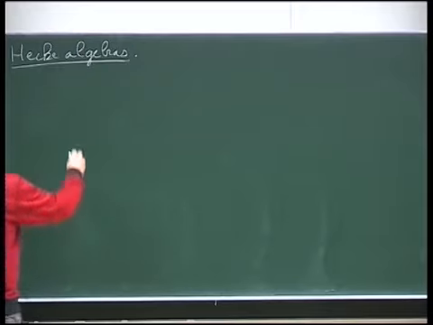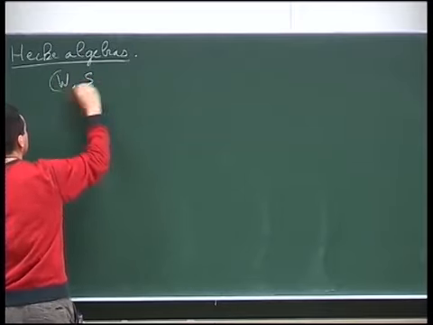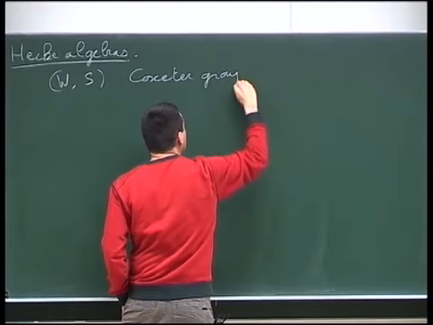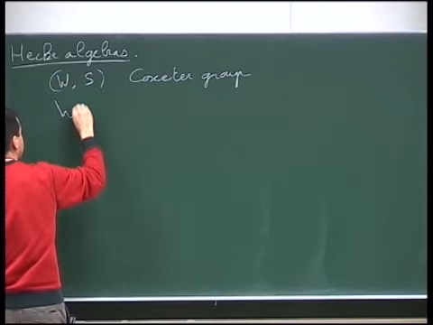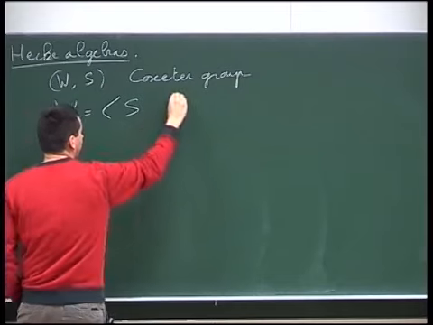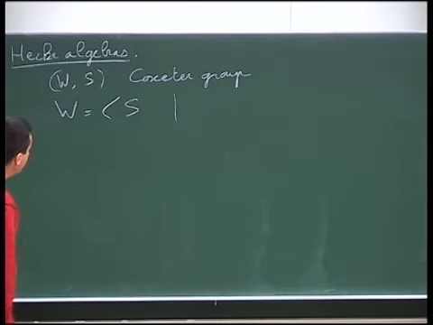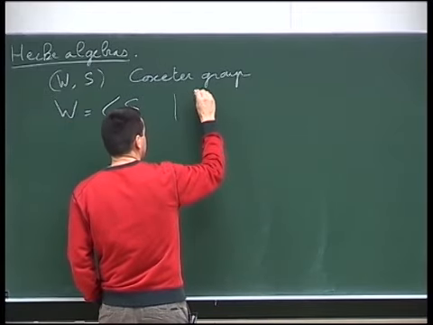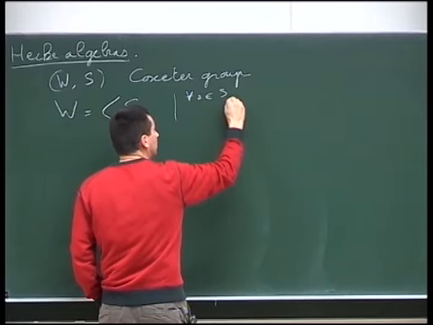Well, so let's start with a Coxeter group. I just recall that this means that W is generated by S, and that the elements of S are subject to relations like this.